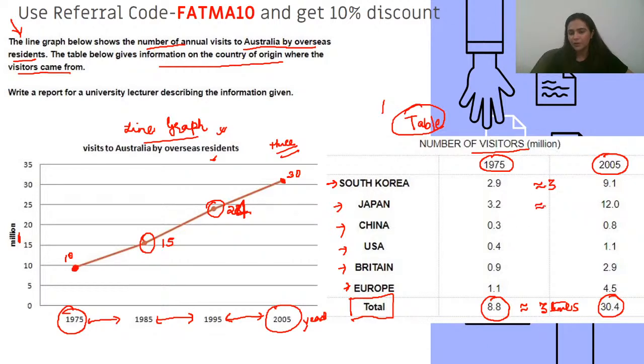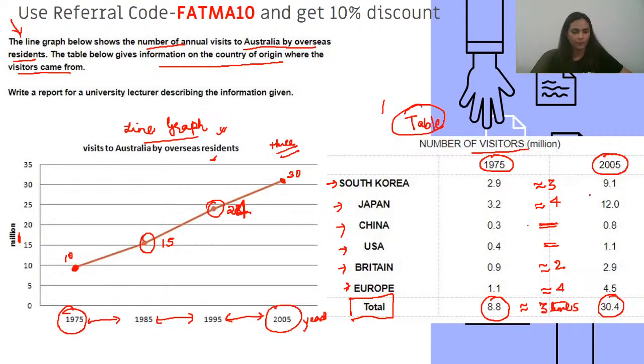Here it was approximately 4, very minor. Here also minor, here almost 2 times, almost 4 times, right?